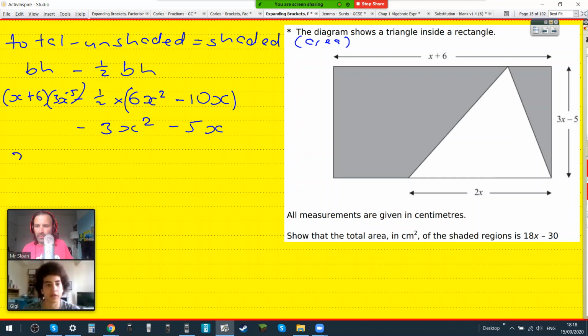X times 5 is 5x. 6 times 3x would be 18x. And 6 times 5 is 30. Plus or minus? Minus 30. That's it.